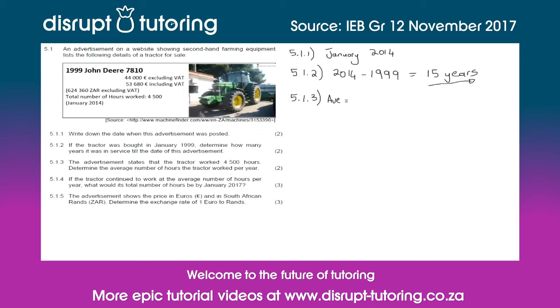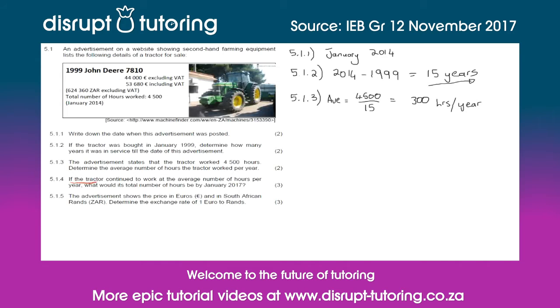The total number of hours worked is 4,500, so it's going to be 4,500 divided by the number of years, which we calculated in the previous question as 15. So 4,500 divided by 15 comes to 300 hours per year. So the answer is 300 hours per year.